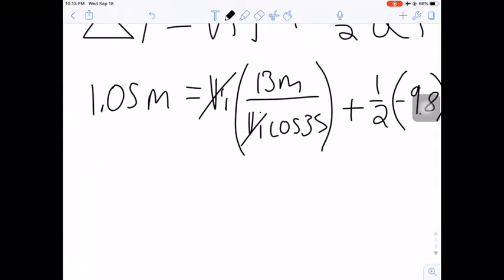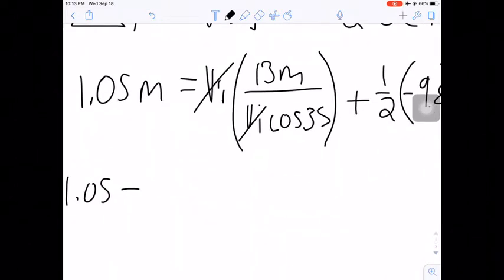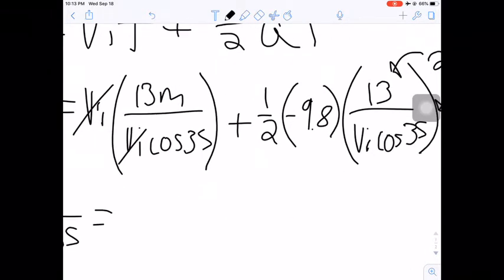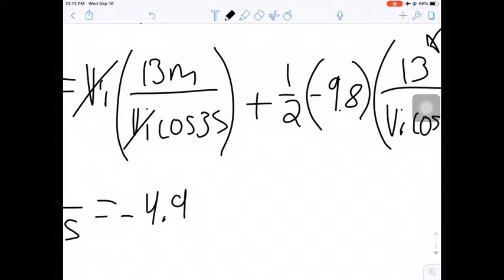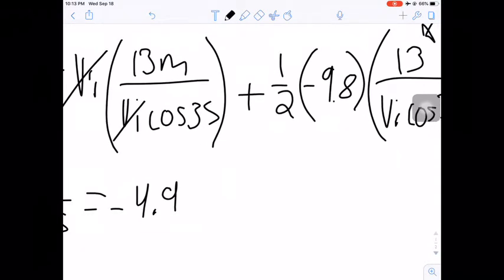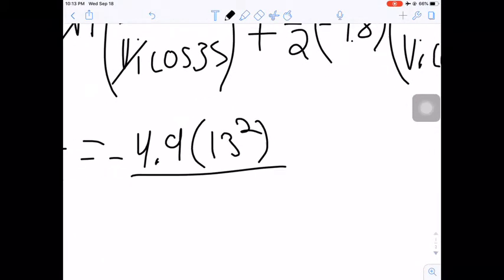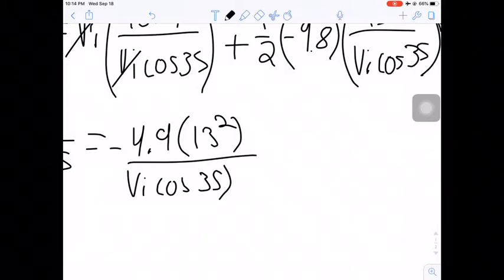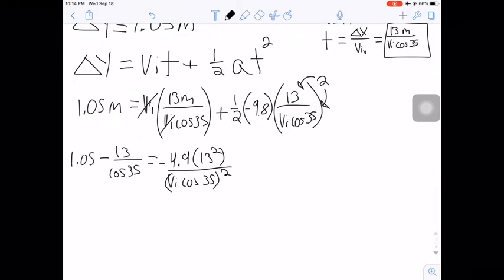And then once we clean it up, we can say 1.05 minus 13 over cosine 35 is equal to negative 4.9 times 13 squared over Vi cosine 35, and then that is squared. So I just cleaned up this side, and I just squared the top and the bottom.